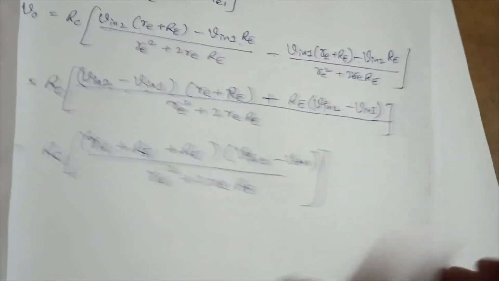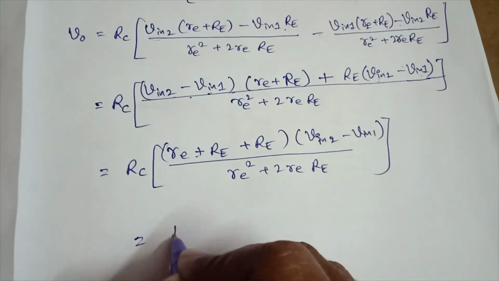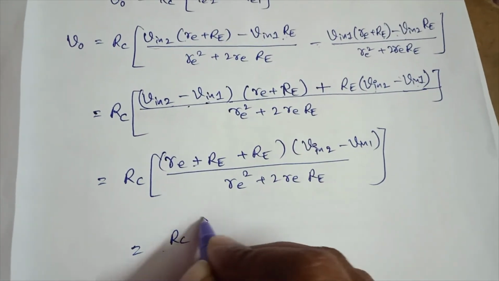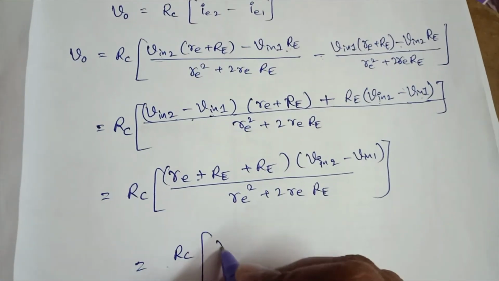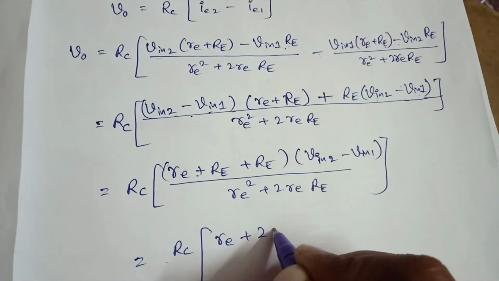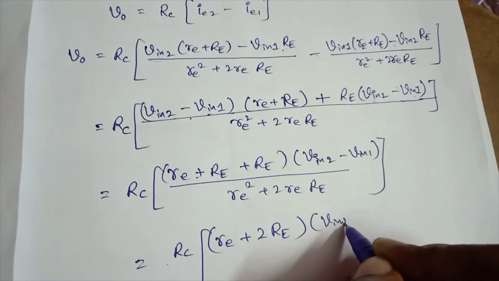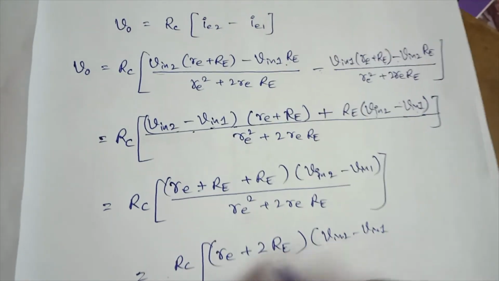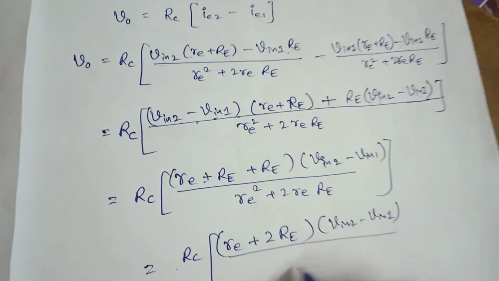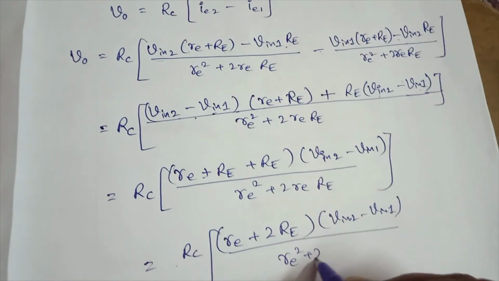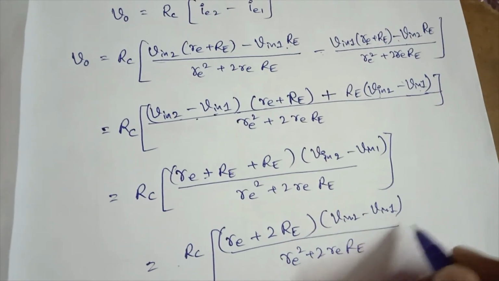So the numerator term now becomes RC into small re plus capital 2RE into Vin2 minus Vin1 divided by re square plus 2re into RE.